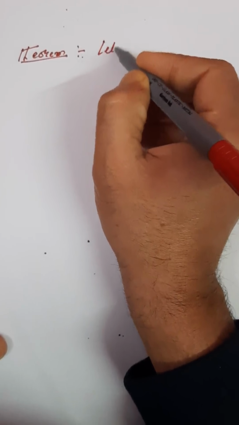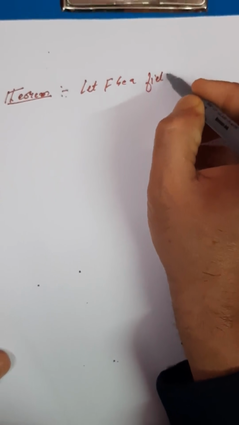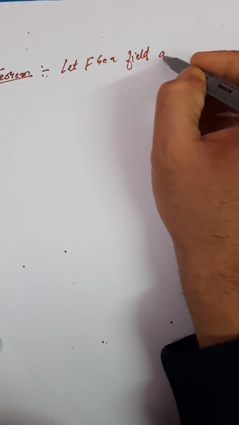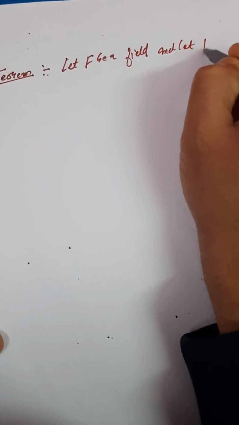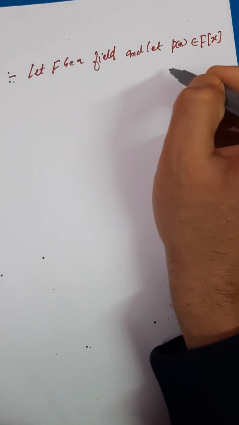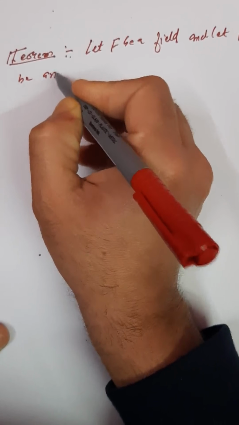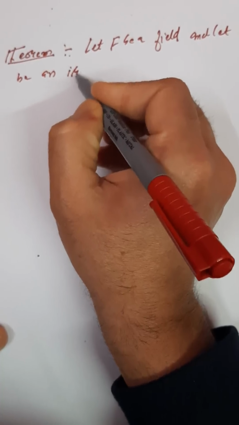Let F be a field and let p(x) be a polynomial in F[x] which is irreducible.